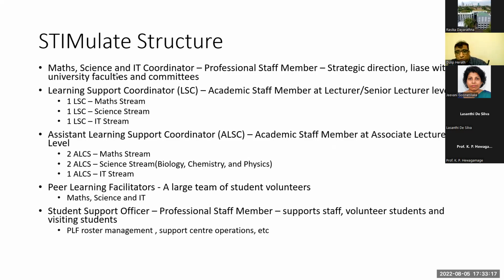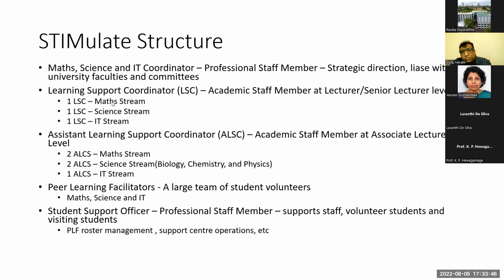He's basically overseeing all three streams, math, science, and IT. So he's there and he's reporting to university officials. And learning support coordinators, for each stream, there is a faculty, academic staff member. He or she is either a lecturer or senior lecturer level position.